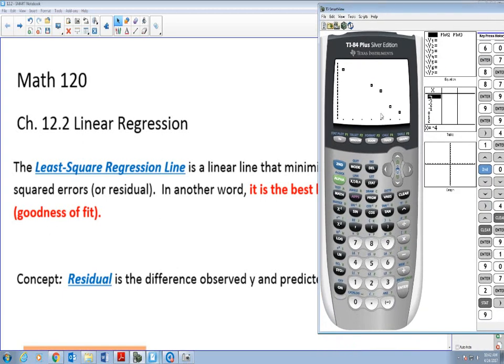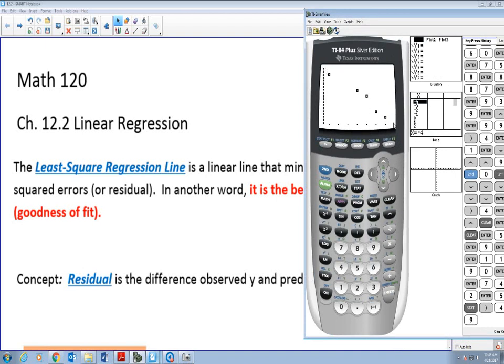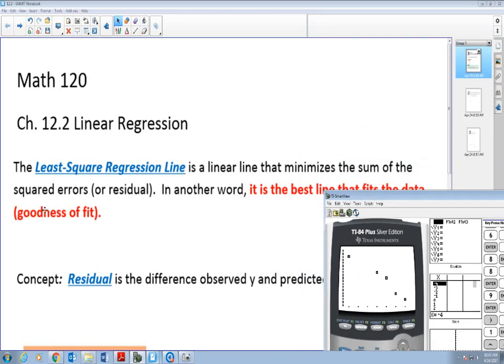It's called the goodness of fit. My data appear to be linear, so I can draw this line, and it is going to be the best fit. It's not going to connect every single dot, but it's the best fit to my data. That straight line will minimize the so-called sum of the square errors, or residuals.